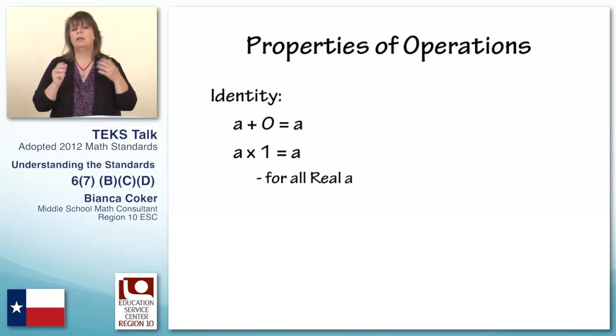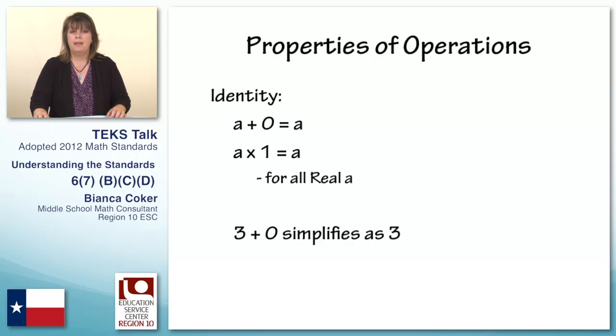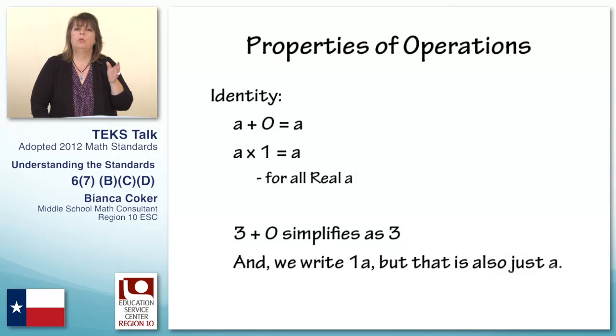So for any real number, I can add 0 and I don't change its quantity, and I can multiply it by 1 and I don't change its quantity. It's still the same, and we've been using that, and now here's the property that says why. An example, 3 plus 0 simplifies as 3, and as we write 1a, you know, students have problems with that. They always want to say 1x.